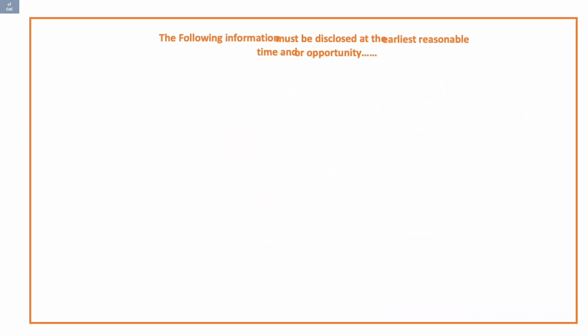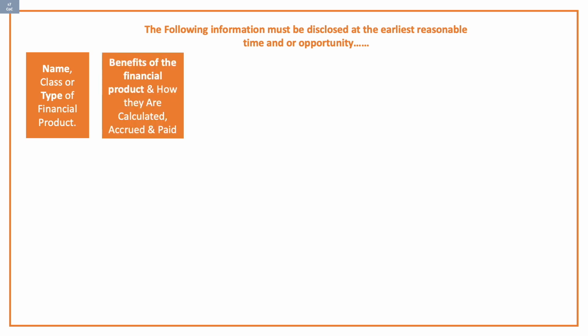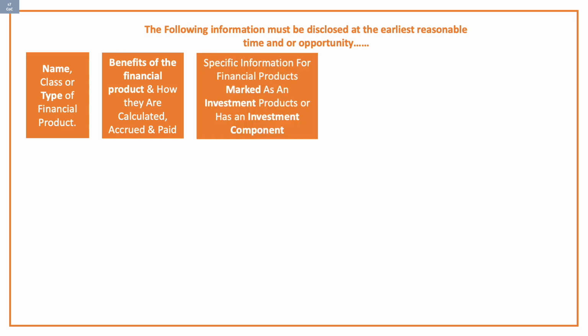Section 7, paragraph 1c states, the following information must be disclosed at the earliest reasonable time and/or opportunity. 1. The name, class, or type of financial product. 2. The benefits of the financial product and how they are calculated, accrued, and paid out. 3.